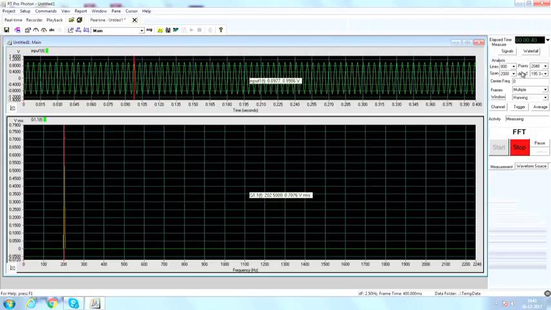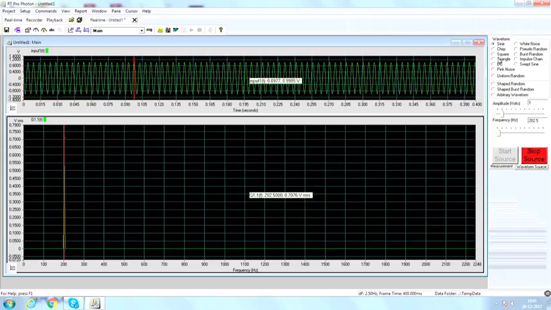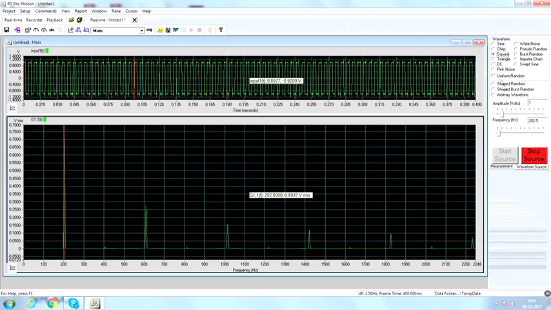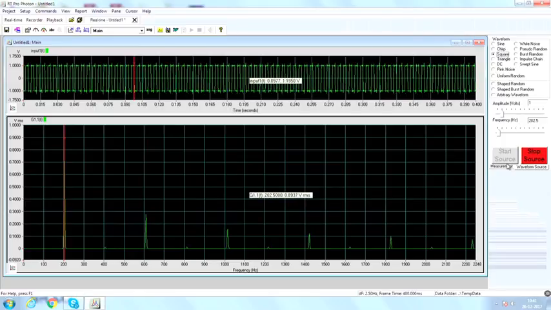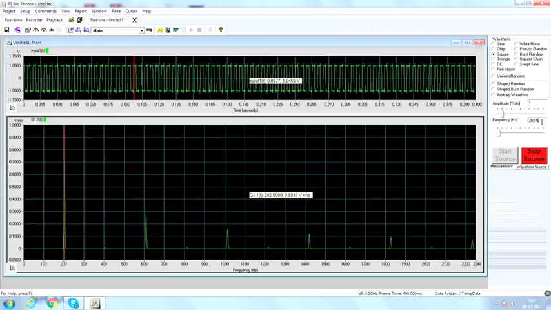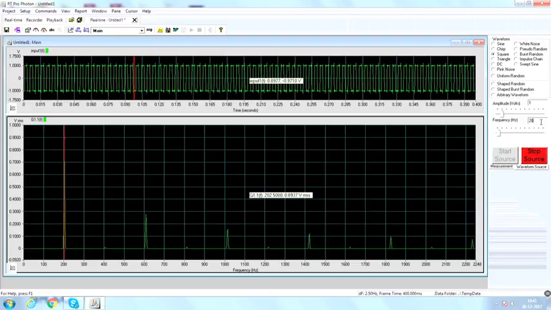And now what I am going to do is go back and measure, instead of a sine wave, for a square wave. So, a square wave of 1 volt amplitude, and I will make it 200 hertz.